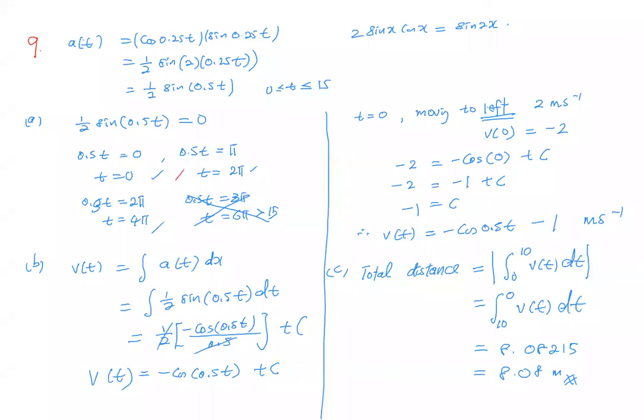Here 1 mark, here 1 mark. Here you get 1 mark. You get the correct C, you get 1 mark. Then you write down the equation, you get 1 mark. Here 1 mark for the answer. So altogether 7 marks.